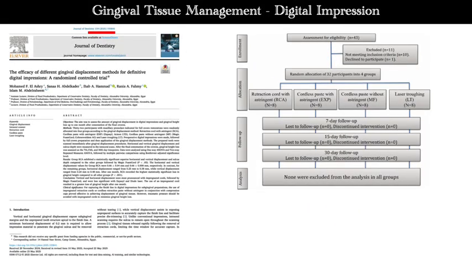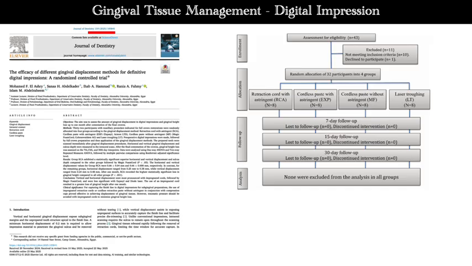Now, this is a randomized control trial which was done on gingival tissue management with digital impression. Basically there were four groups. The first was the retraction cord with astringent. The second group was cordless paste with astringent.